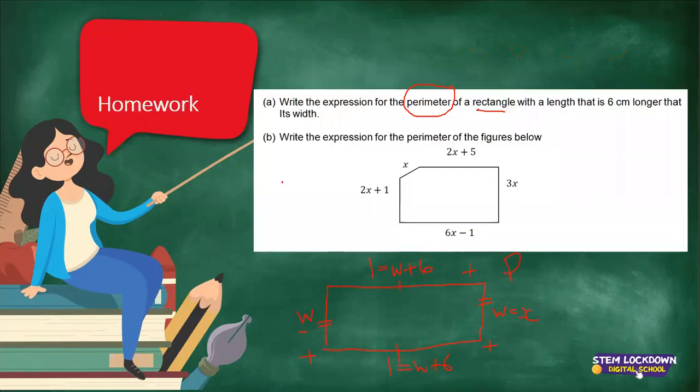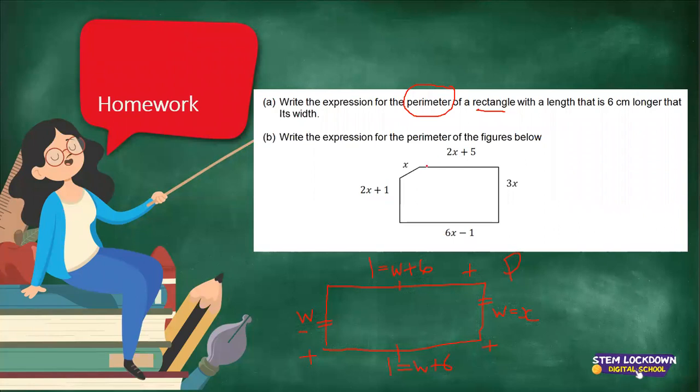The second homework question that I gave you yesterday was to determine the perimeter of this shape. Same thing applies. Remember, math is easy. Once you understand the rules, everything becomes very, very easy. For the perimeter of this shape, we are adding the lengths.